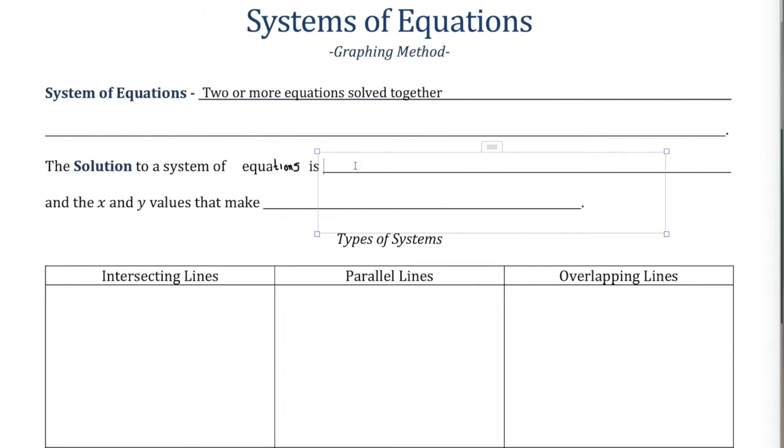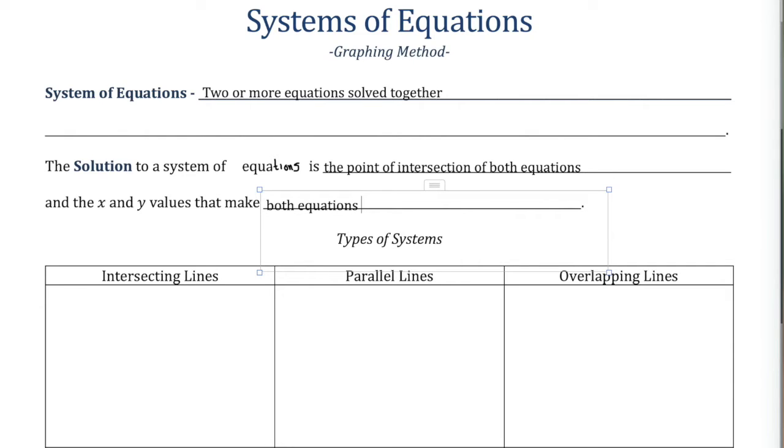So for us, a solution here is the point of intersection of both equations, and the x and y values that make both equations true. I guess I should technically say all equations, but we're going to be sticking with two equations. But in upper level mathematics courses, you might actually see three or more equations solved together.